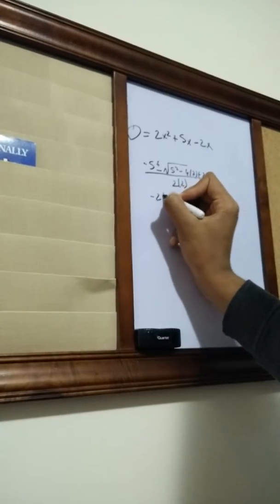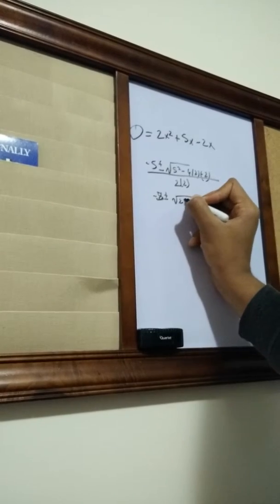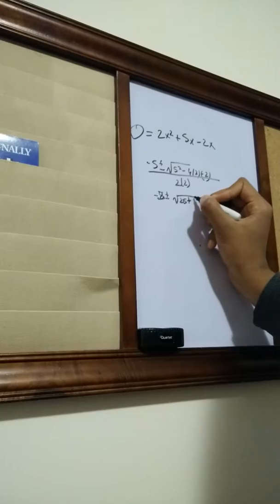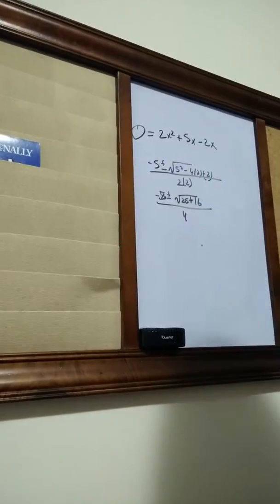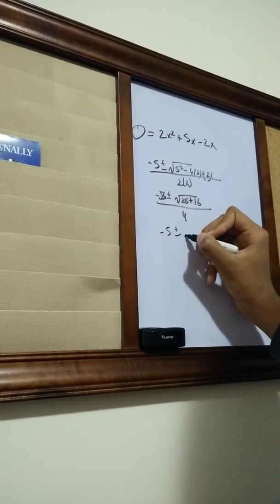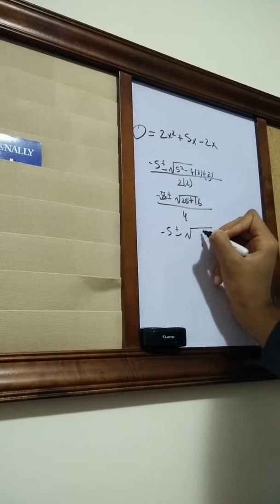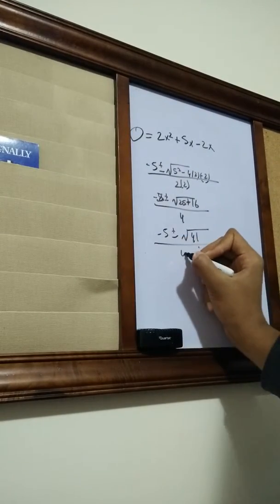So negative 5 plus or minus the square root of 25 plus 16, divided all of that by 4. So that becomes negative 5 plus or minus the square root of 41, divided all of that by 4.